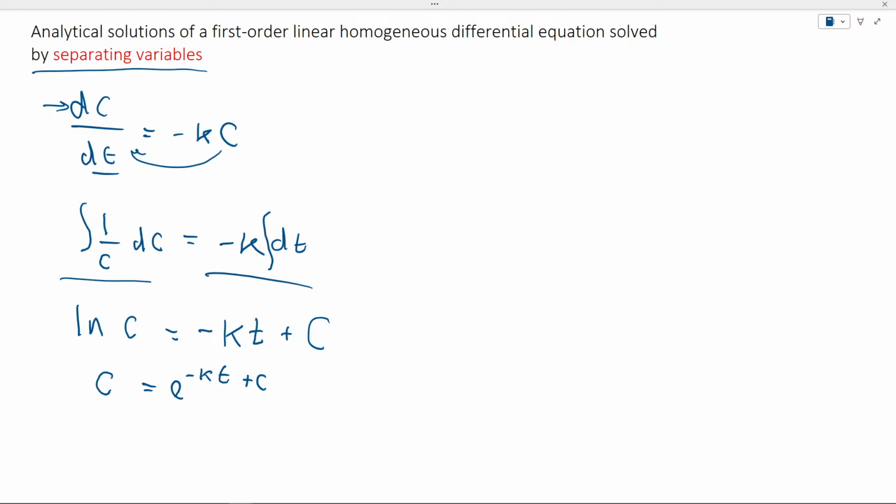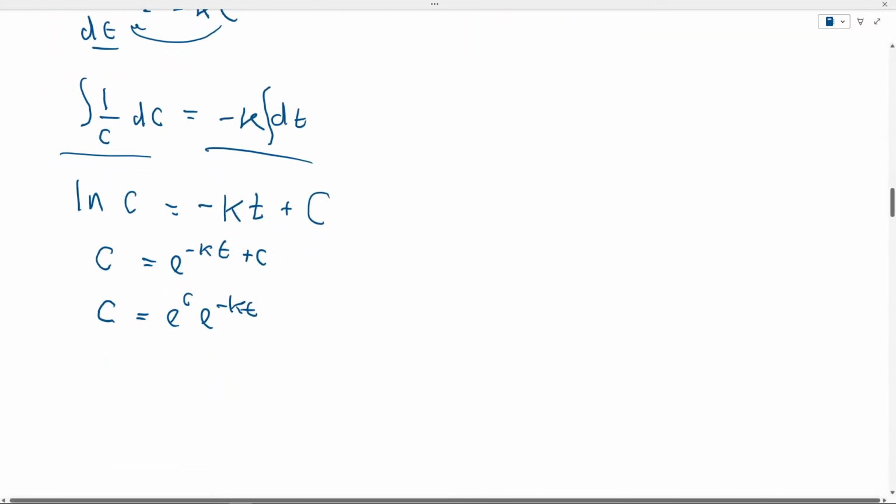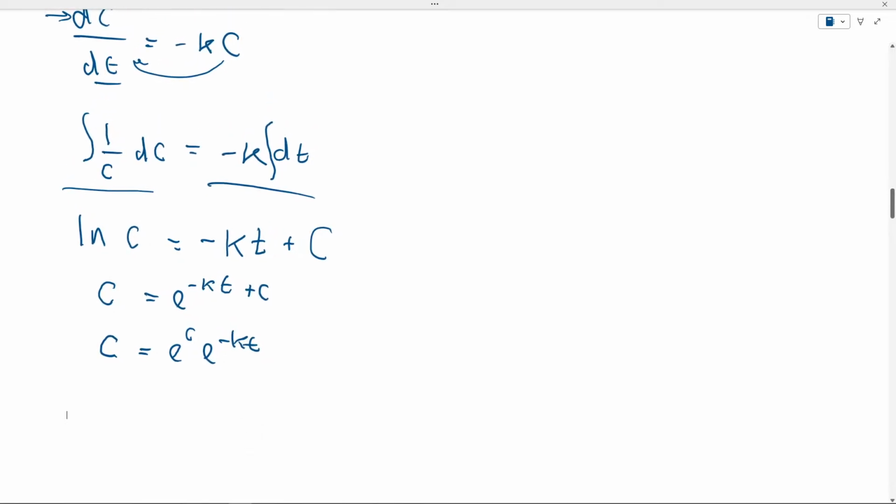And then can we simplify this further? Yes. Negative kt plus the constant, e to that power, is equal to e to the power of the constant times e to the negative kt. So I can simplify it like this. Here, this is the concentration. See, here's a little bit tricky.